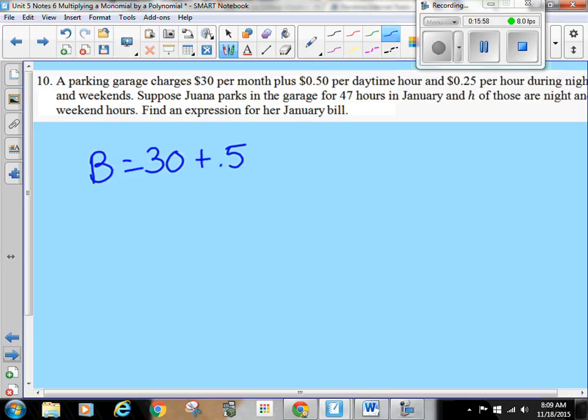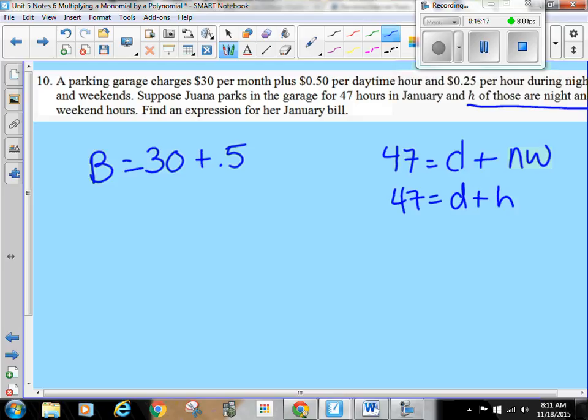Okay, so she has a total of 47 hours. So that's her daytime plus her nights and weekends. Okay, we know H represents nights and weekends. So 47 is D plus H. Okay, so let's go ahead and solve for D so we can put it here for our daytime hours.